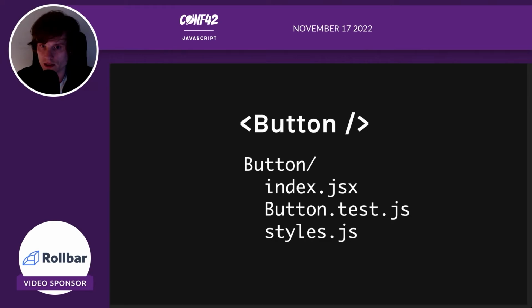For example, let's say we have a button. Okay, so always the folder Button from a capital letter consists of an index.js file with the implementation itself in the code, button.test, where we have our unit test for the button, and styles, which is styled component.